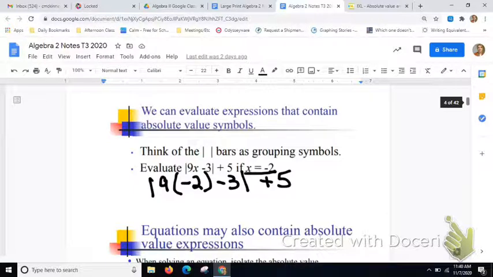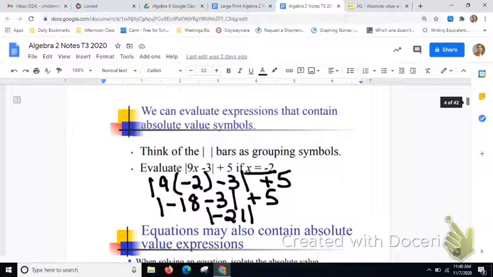And this is going to be important because knowing how to do this is going to allow you to check when we're doing equations. So 9 times -2 is -18. Notice that plus 5 is just hanging out on the outside. -18 and -3 give us -21. So absolute value of -21.